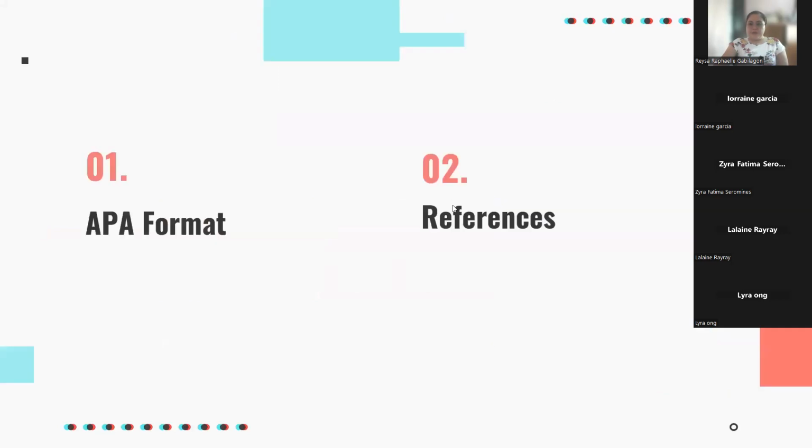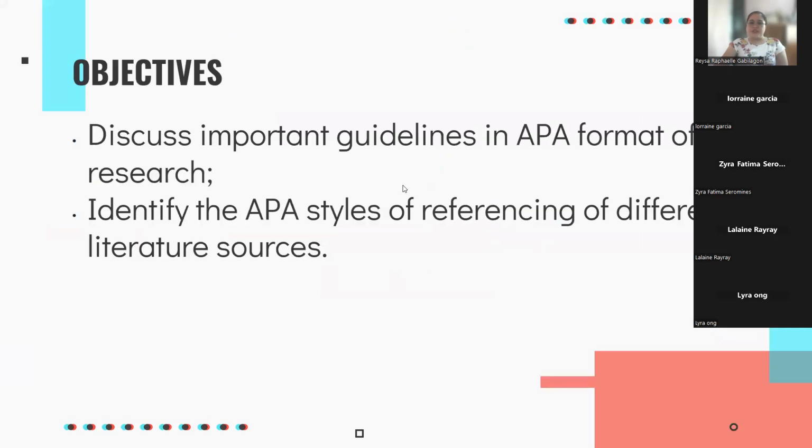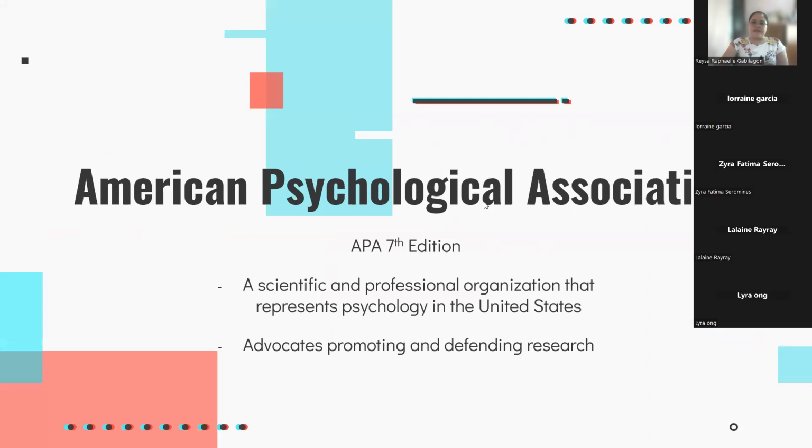Okay, let's talk about the APA format. We'll talk about the referencing later also, the 7th edition. So again, we'll discuss important guidelines in the APA format of research, and let's talk about the APA style for our referencing. APA stands for American Psychological Association, and we will be using the 7th edition, because they have many editions in the referencing.